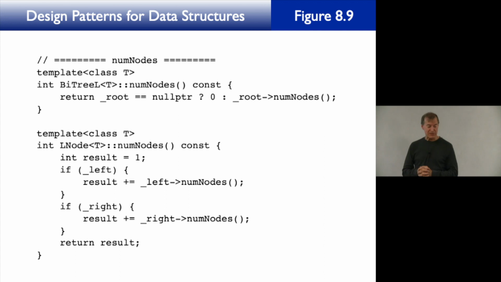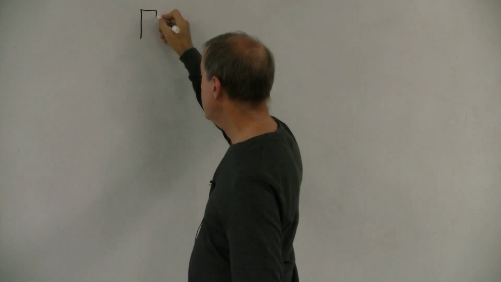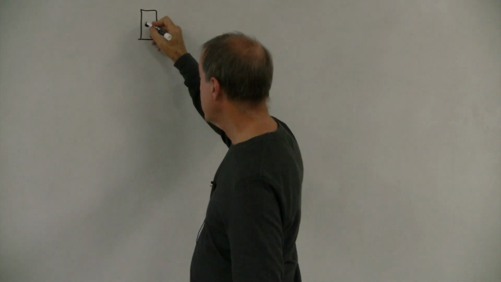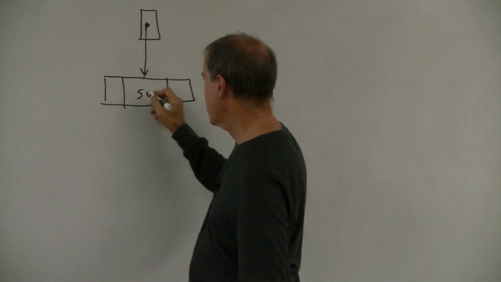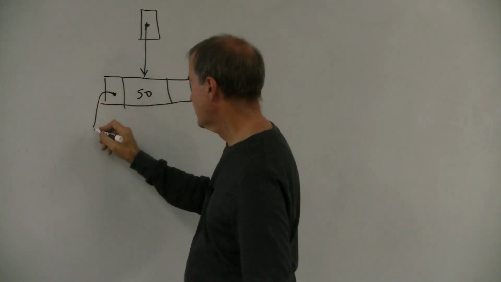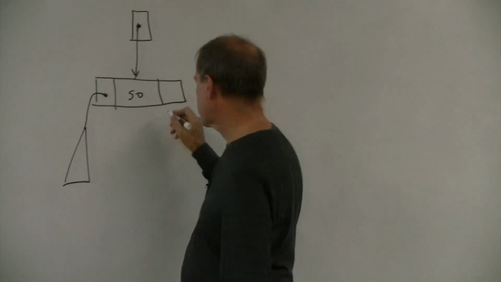Now this next one is num_nodes, number of nodes. Now here, I don't have a picture of this, I think, but look. Suppose this is a tree that's not empty. So this could be like 50, and this represents some subtree.